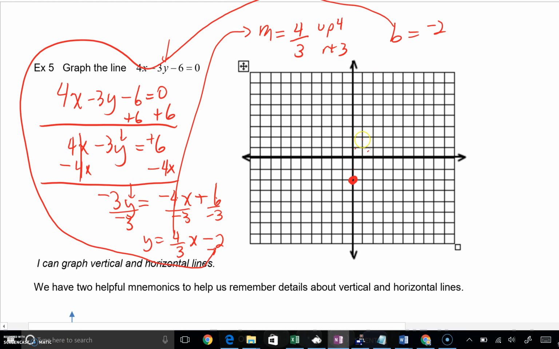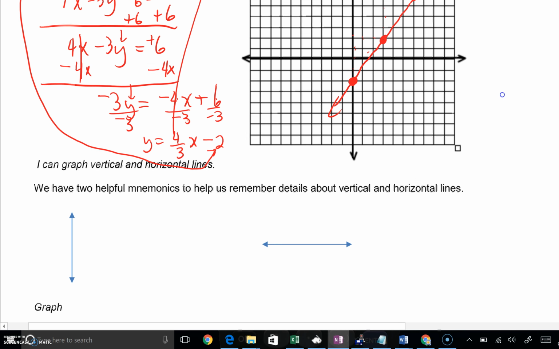I'll go 1, 2, 3 to the right. And you could keep doing that. Could also go down 4 and left 3. Again, graphing on Alex, you technically only need 2 points.